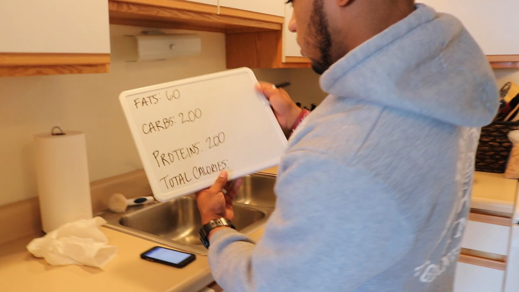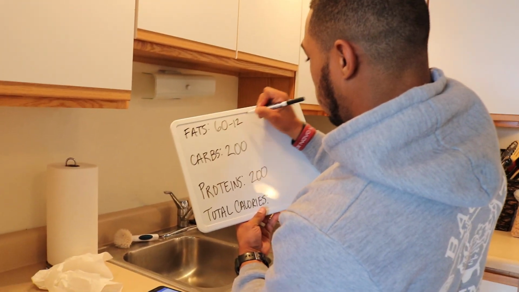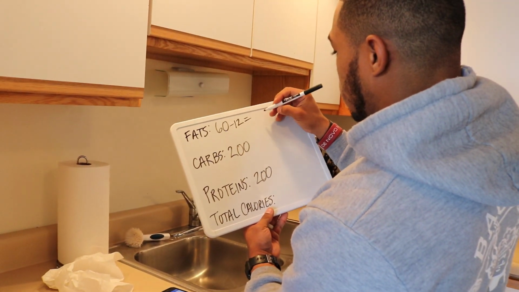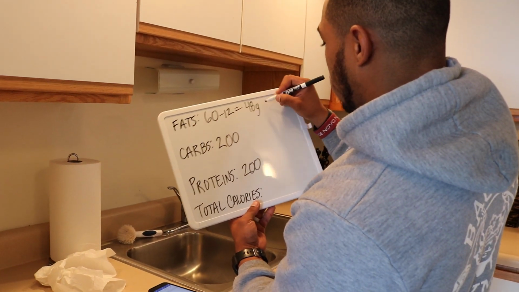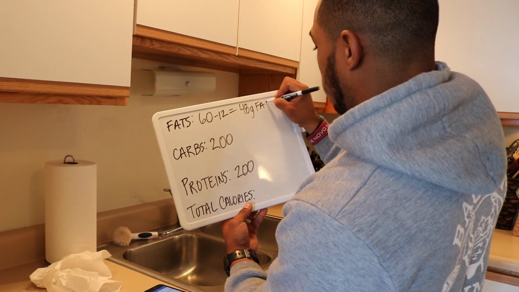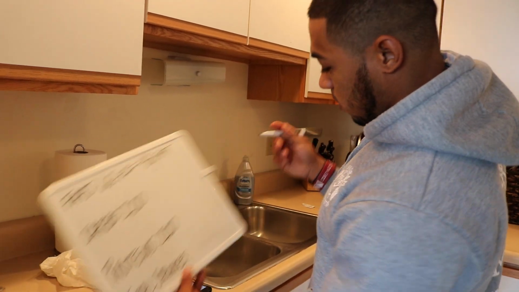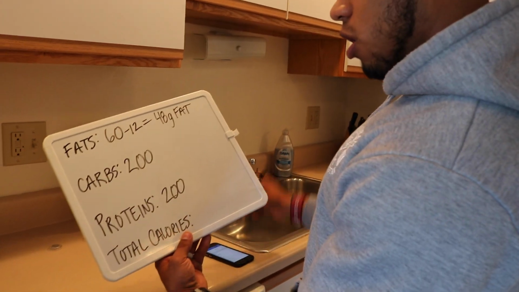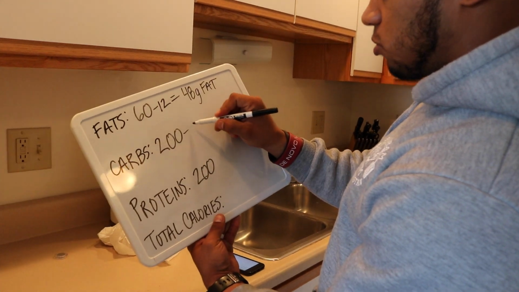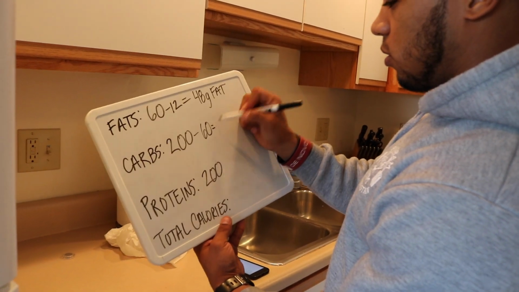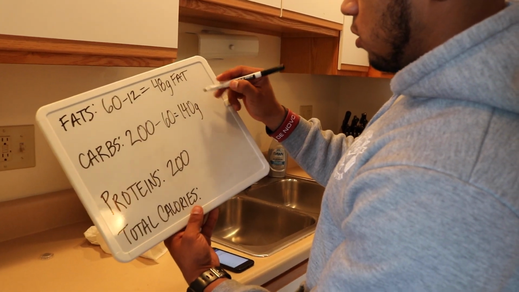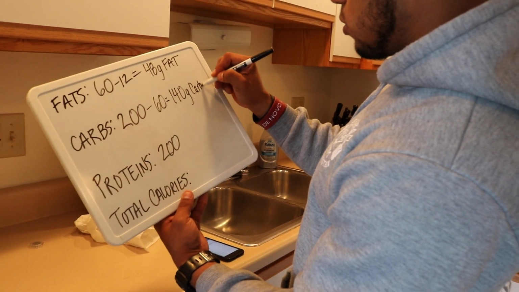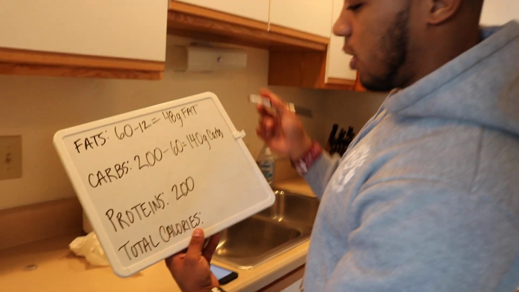So 60 minus 12 grams of fat is gonna give you 48 grams of fat left for the day. 60 grams of carbs that you just ate, so you're gonna subtract it from 200, and it's gonna give you 140 grams of carbs remaining for the day.